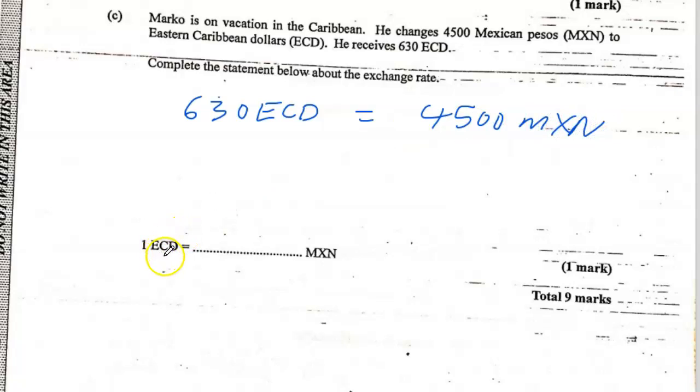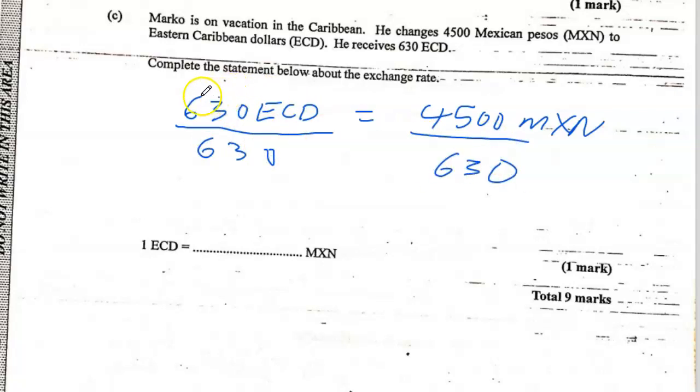Now we want the conversion, or how many Mexican pesos will make 1 Eastern Caribbean dollar. Alright, so we use this mapping we have here. So 630 Eastern Caribbean to 4,500 Mexican. So we want 1 Eastern Caribbean. To get the 1 Eastern Caribbean, we can divide both sides by 630. So we're left with 630 into itself, that's 1.